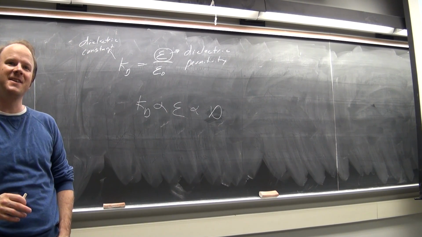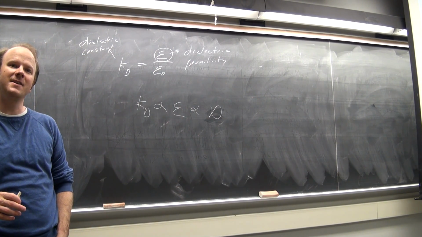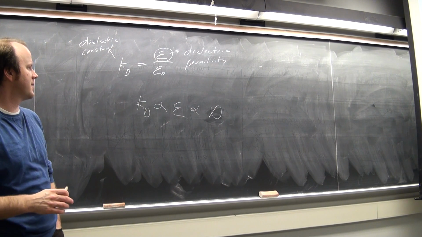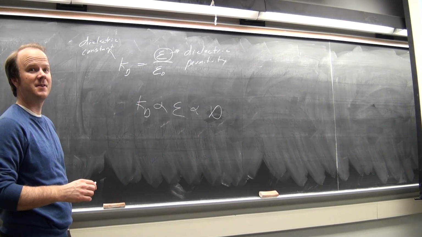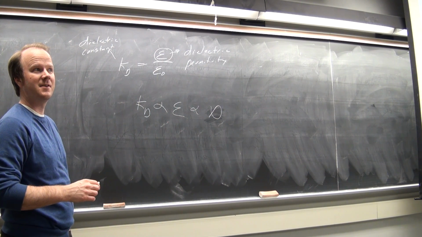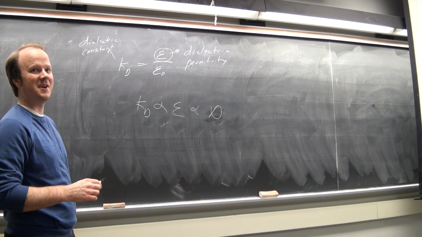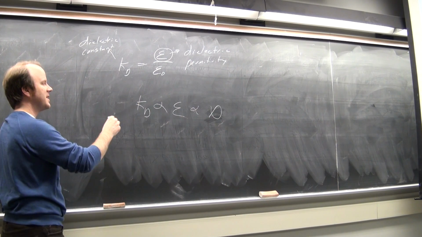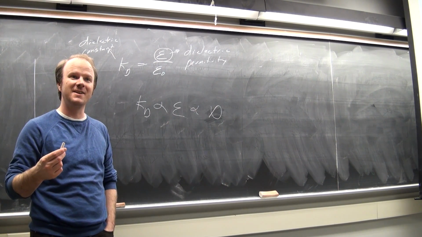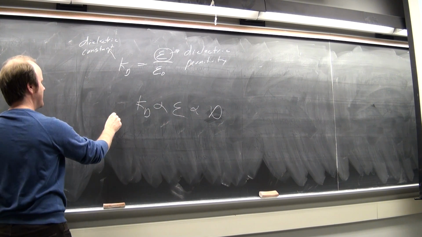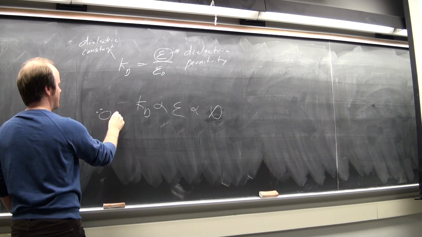Okay, so that means you're also going to have lower electronegativity, right? If you have a high KD, you're going to have a low electronegativity and a smaller dipole. So let's take water. Is water a high KD or a low KD? High, right? What's special about water?